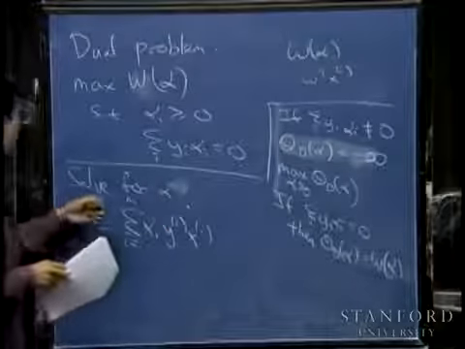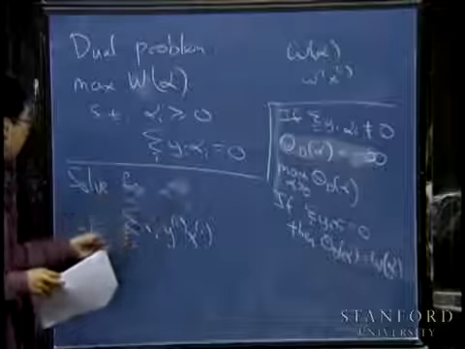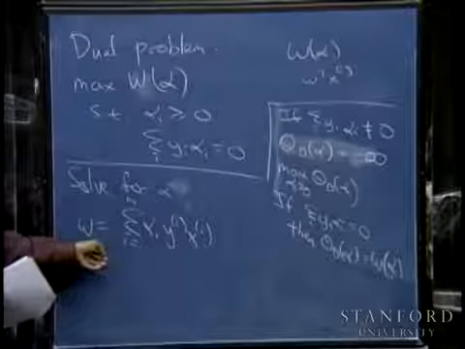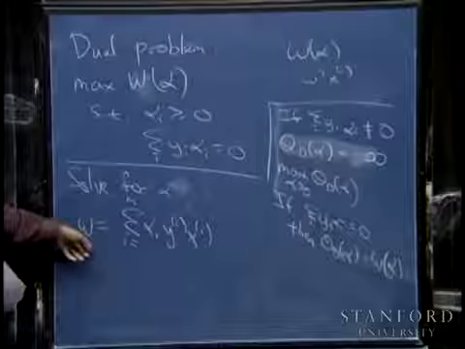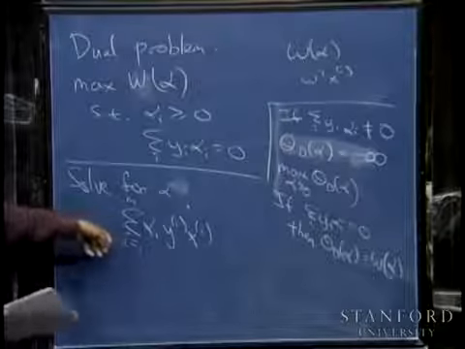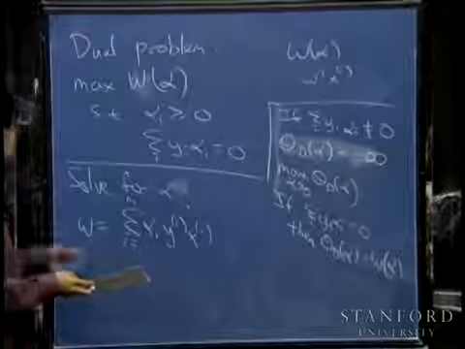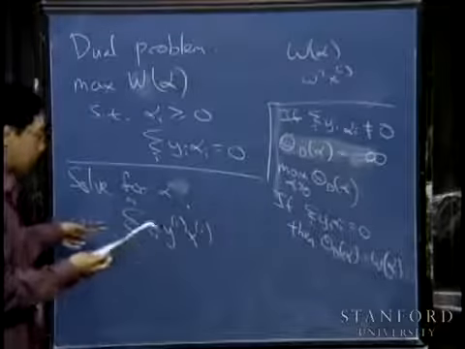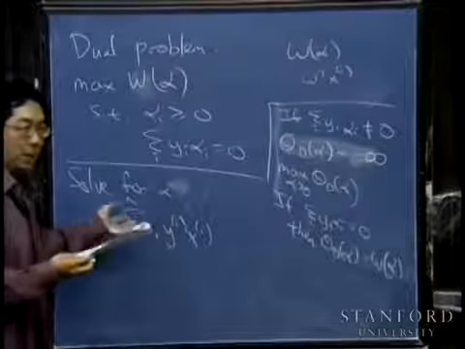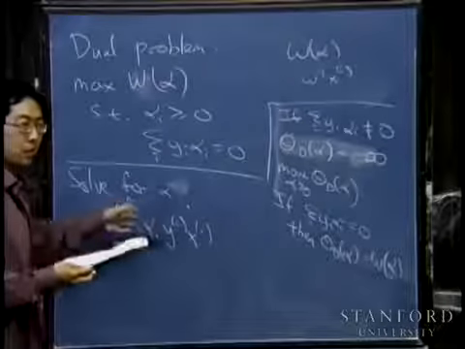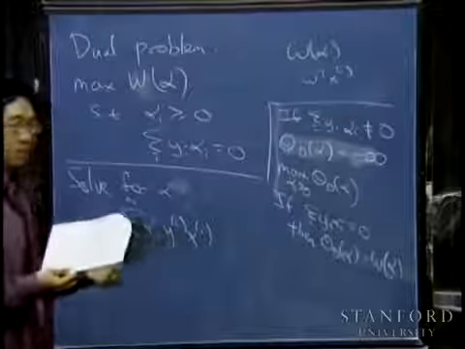And so once you solve for alpha, you can then go back and quickly derive w, the parameters of your primal problem. We worked this out earlier. And moreover, once you solve for alpha and w, it's really easy to solve for b.